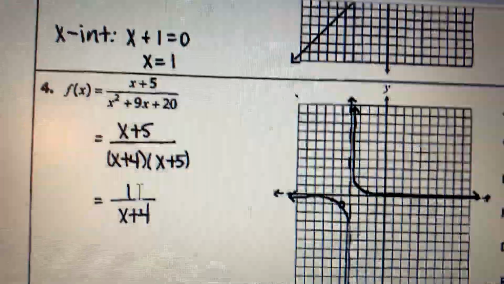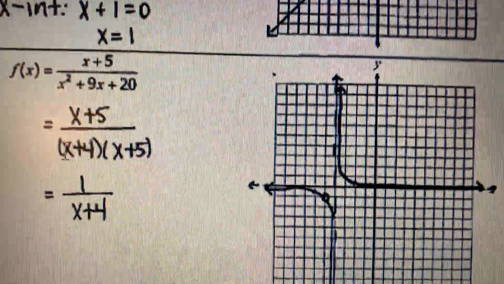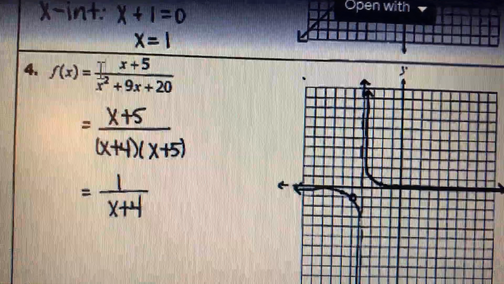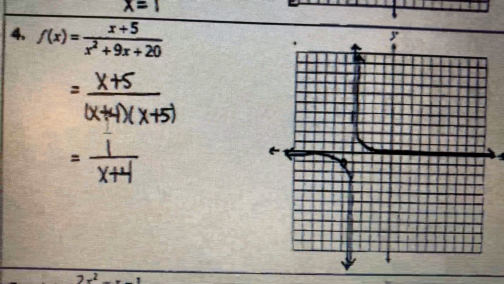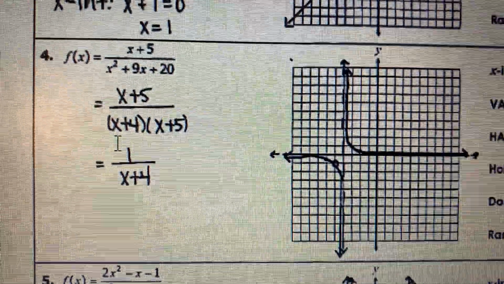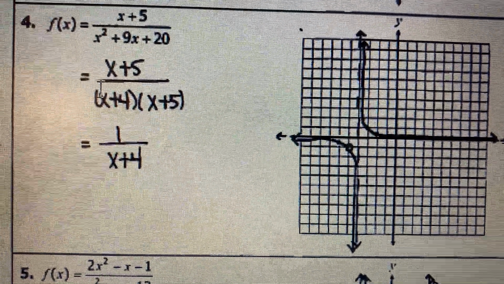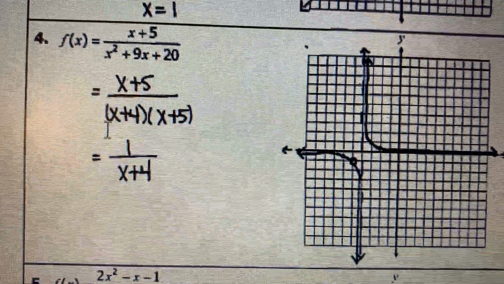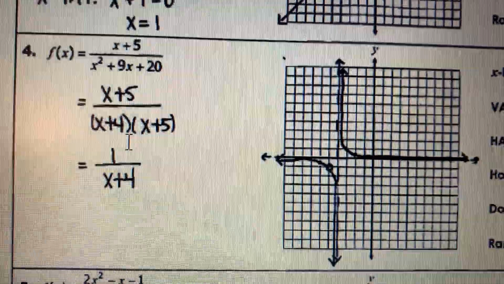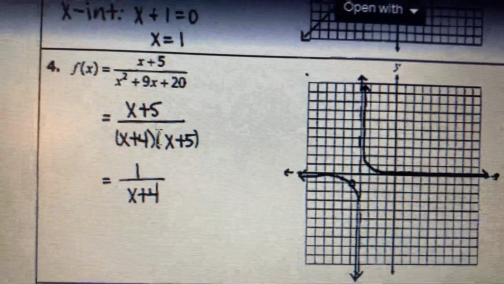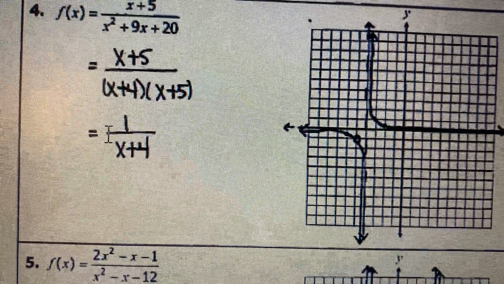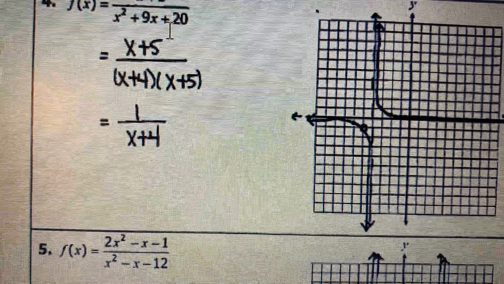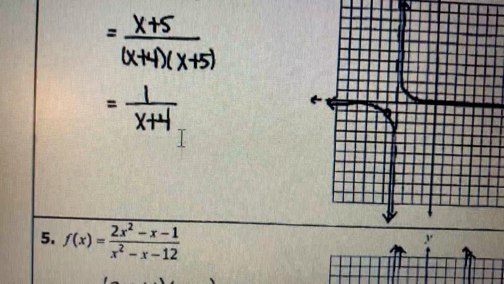And that's because if x did equal negative 5, here, so this is the polynomial, and this is it in factored form, right? So there are 2 values that x can't equal. X can't equal negative 4, and x can't equal negative 5. Well, a hole happens when you have an excluded value that is canceled out of your fraction. So notice this, we could cancel the x plus 5s and you get 1 over x plus 4.